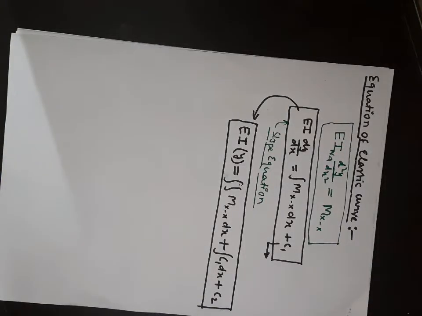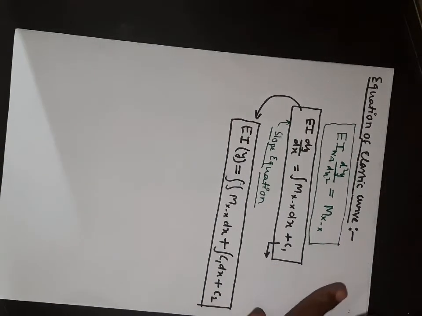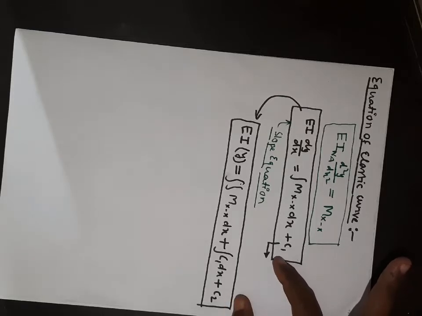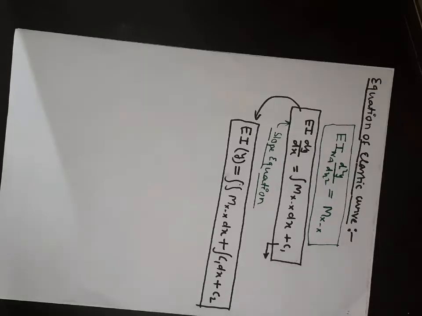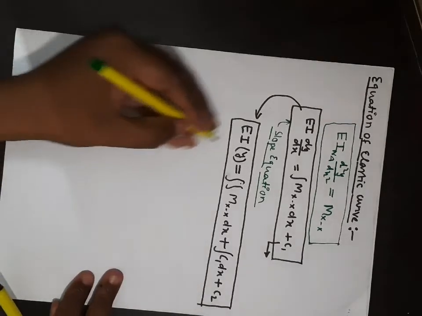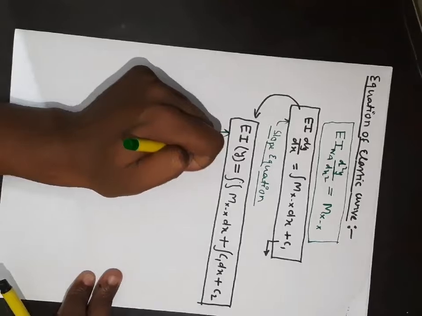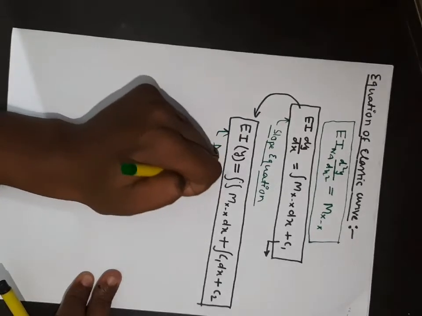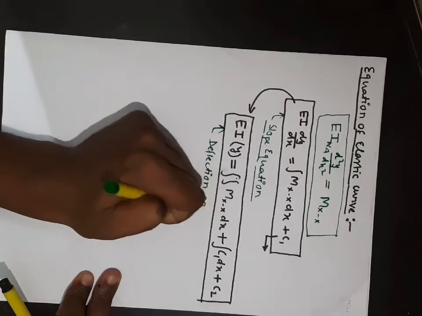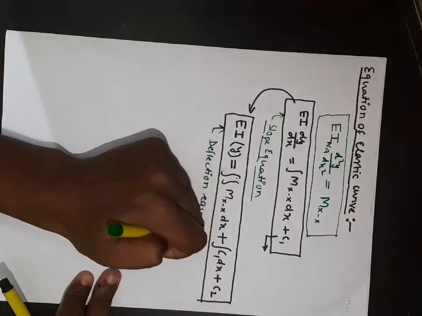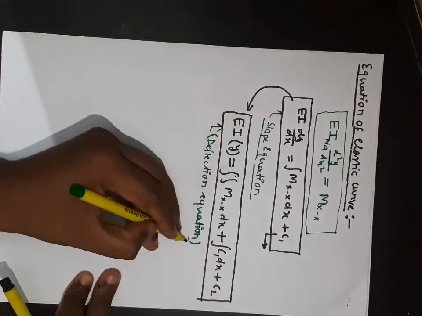The values of c1 and c2 are calculated by applying the boundary conditions we discussed in our previous slide. After evaluating the constants, this equation will represent what? Deflection equation.